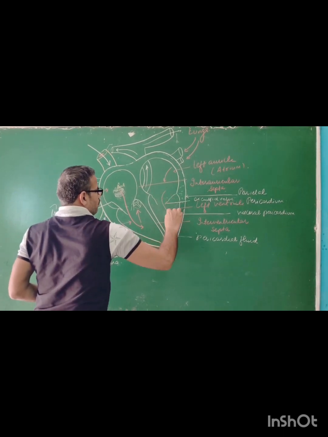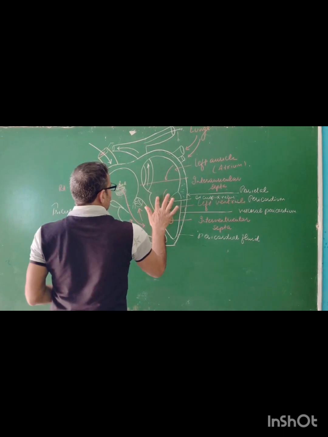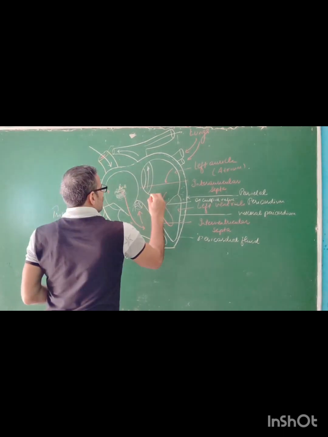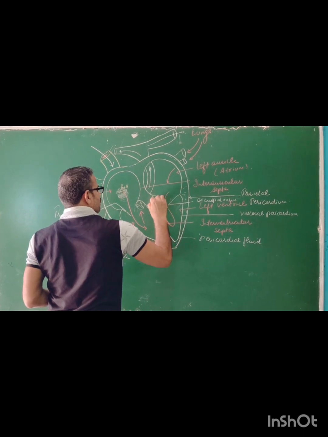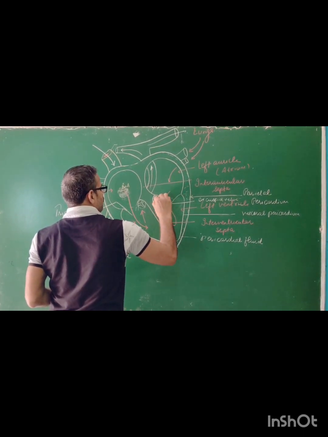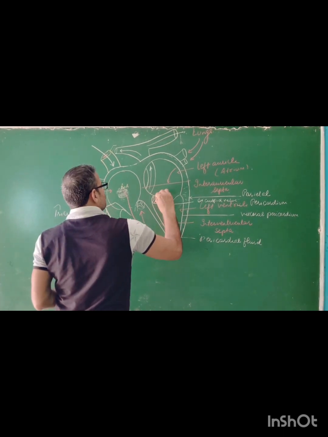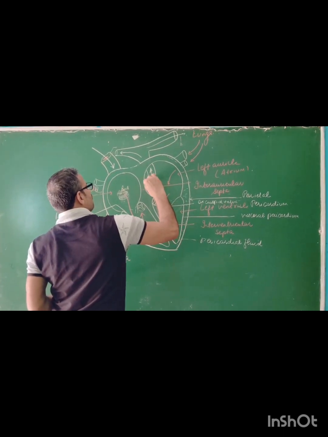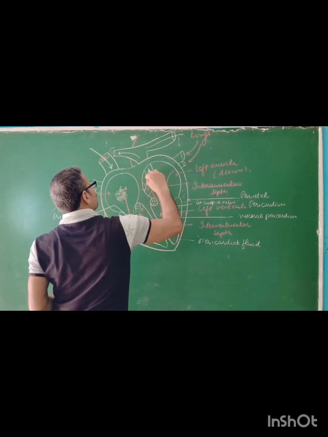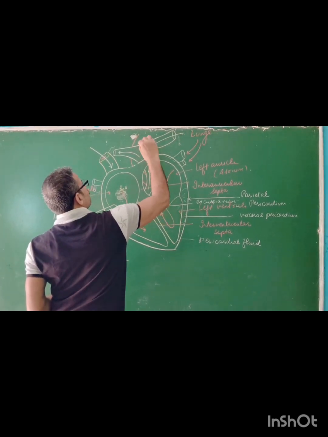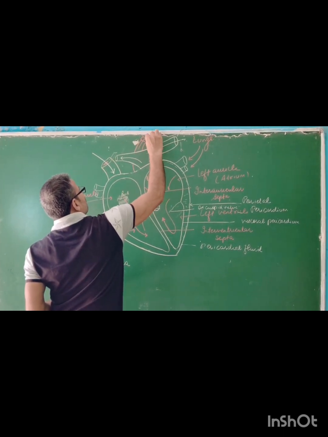From the left auricle, it enters the left ventricle. So there is also one valve. It is also known in general as semilunar valve. Another name is aortic valve. Blood enters here, moves like this, enters through the aorta. From the aorta, it moves to the entire part of our body.